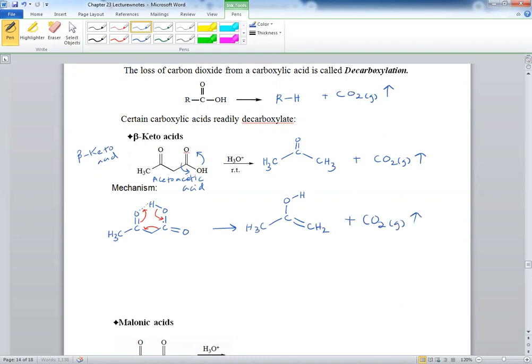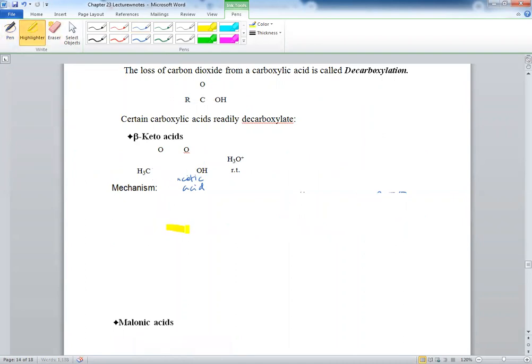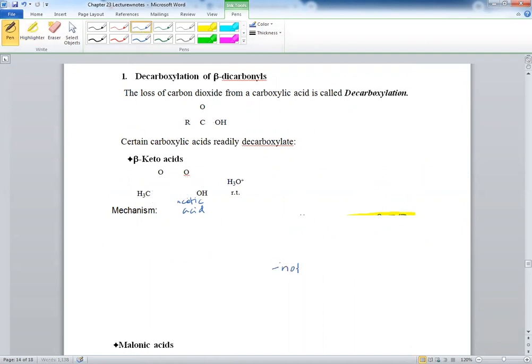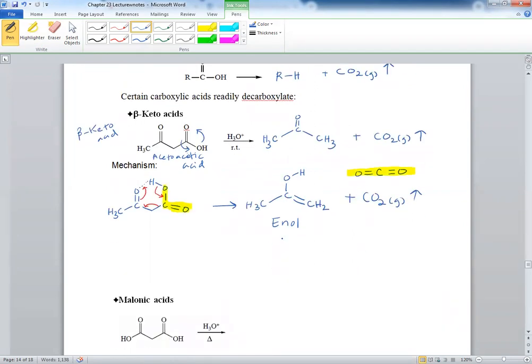So here's a C double bond O from here. I like sometimes to highlight this so you can see it, which is that right there. Now, what did we form here? We formed an enol, and we know that enols easily tautomerize to ketones.